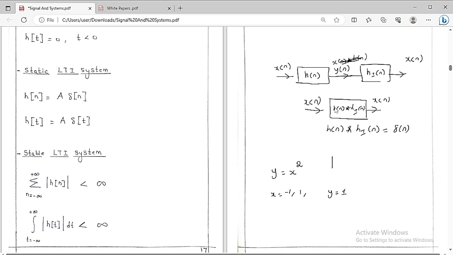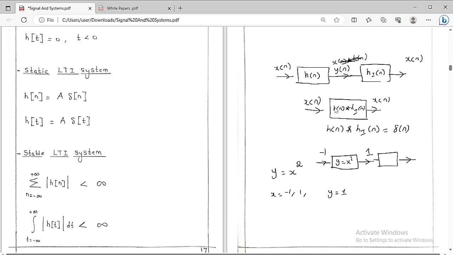Let me explain here. This is the system y is equal to x square, and I want to figure out its inverse system. Suppose the input is minus 1, then the output I got is 1. Then definitely the inverse output should be minus 1. But what will happen for y is equal to 1? There are many inputs giving y is equal to 1, minus 1 and plus 1.